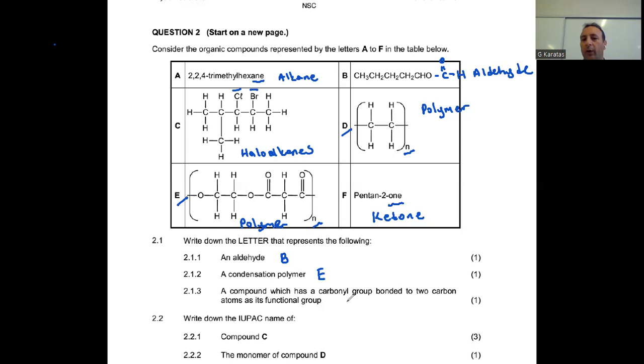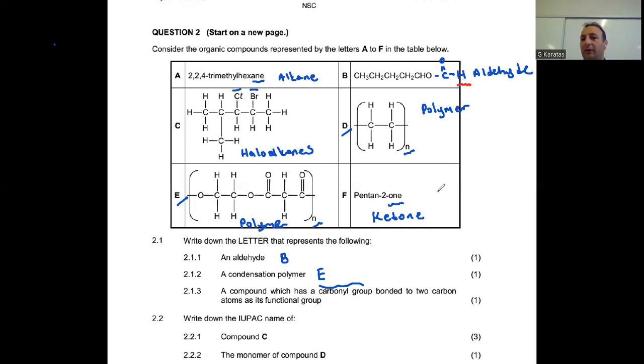A compound which has a carbonyl group bonded to 2 carbon atoms as its functional group. Both aldehyde and ketone have this carbonyl group, carbon double bonded to oxygen, but the difference is that in an aldehyde, there is at least 1 hydrogen atom on one side.